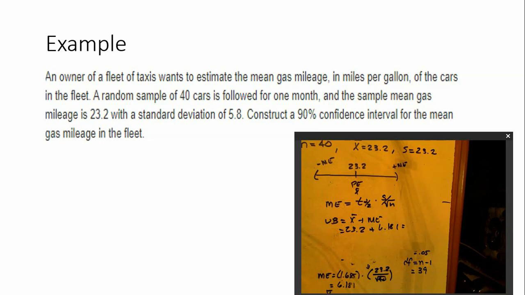So 29.381. And the lower boundary is the 23.2 minus that 6.181. And I'm just going to go up here and recopy this and just change my sign. And 17.019.